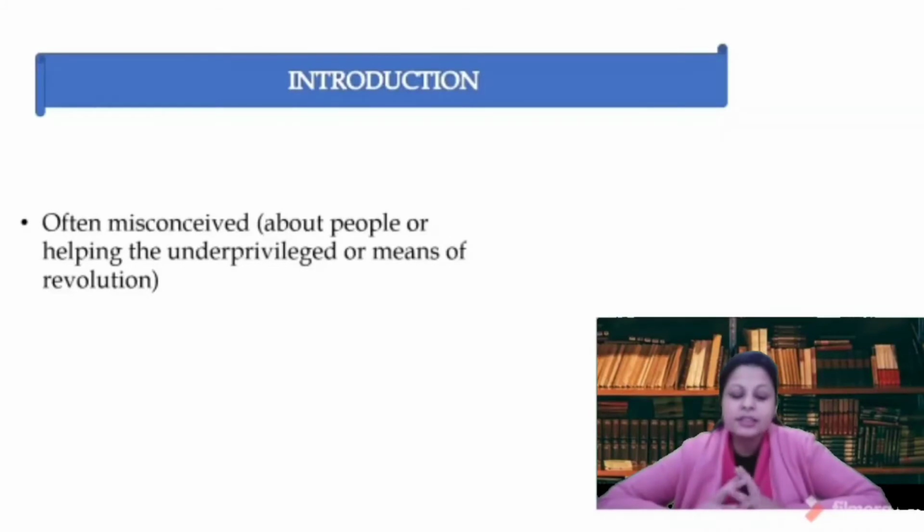They thought that sociology is for the underprivileged only, or that it is about helping others. But it's not that. Helping others is a part of sociology, but we can't say sociology is purely helping others or talking about the underprivileged or talking about revolutions.